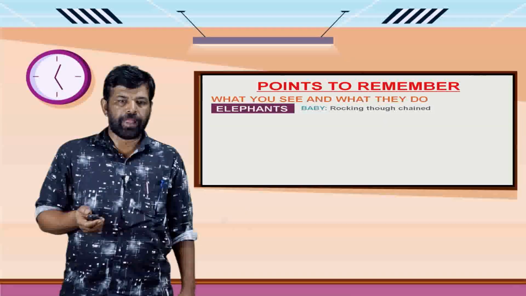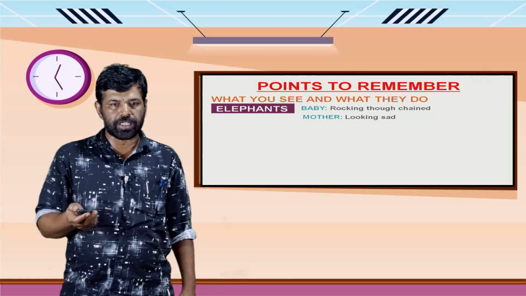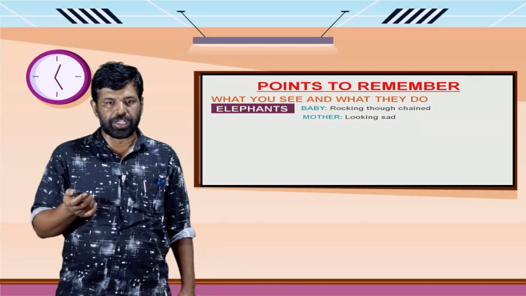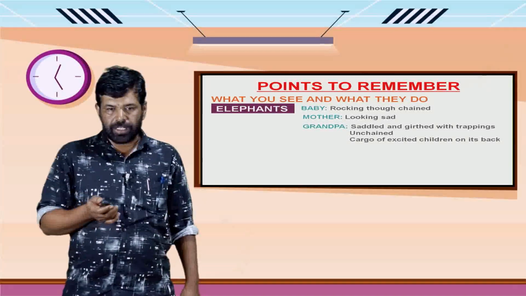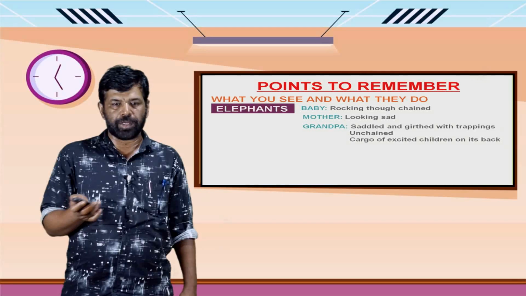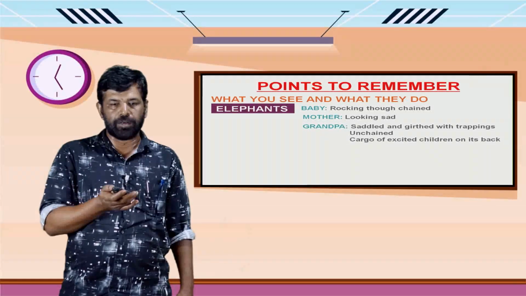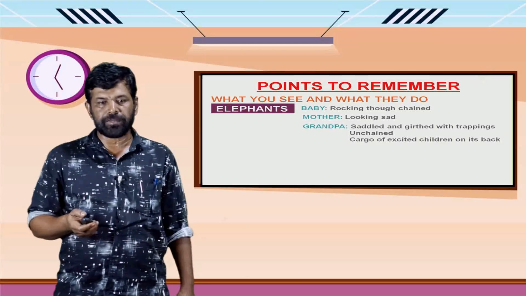And the second one was mother, that is mother elephant, and it was looking sad because its baby was chained. And the third one, grandpa, it was saddled and girthed with trappings, unchained. Later the keeper unchained it because he wanted children to sit on the elephant's back.